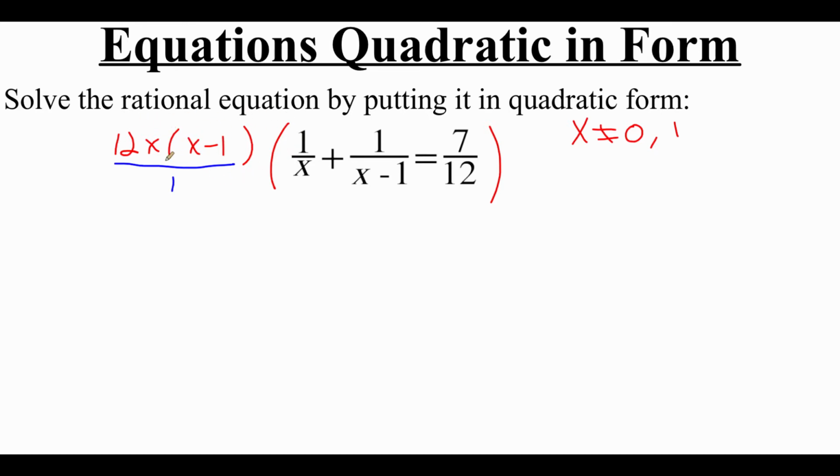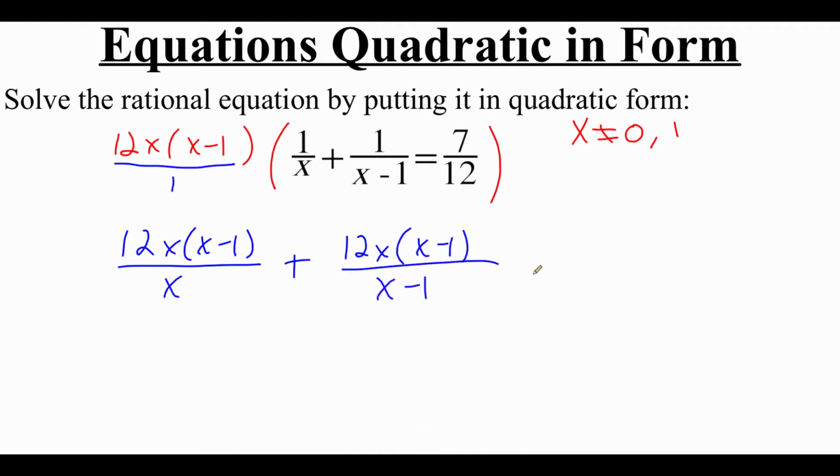So when I take all of this stuff on top times this 1 on the top of the first fraction, then it's just going to be 12x and x minus 1, and then this is going to be over x, plus, now if I take all of this stuff times that 1 on top of my second fraction, then it's still going to be 12x and x minus 1, and this is going to be over x minus 1 this time. Now on the right hand side, if I take all of this stuff times the 7, then it's going to be 7 times 12x times the x minus 1, and that's going to be over 12.